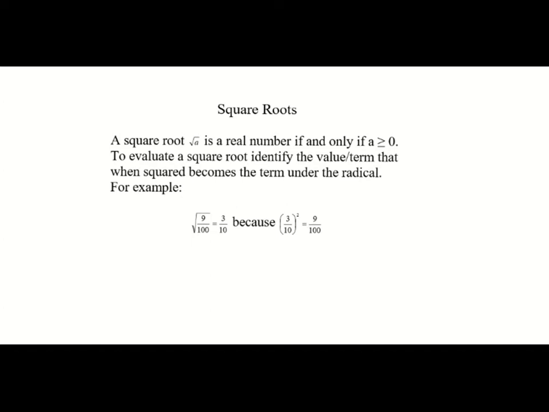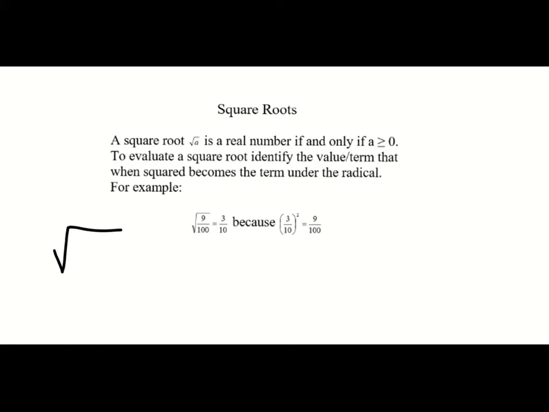All right, we're going to start and look at square roots and identifying square roots. A number is a square root if it is a real number and the radicand underneath the radical needs to be greater than or equal to 0. So what they're saying is when you're finding the square root of a number, that number under the radical can never equal a negative number.